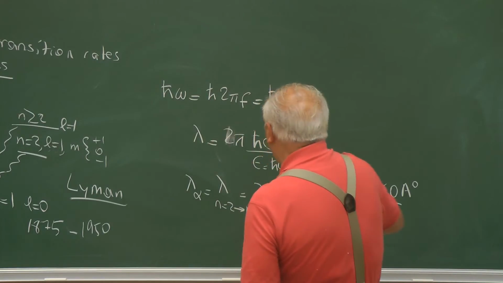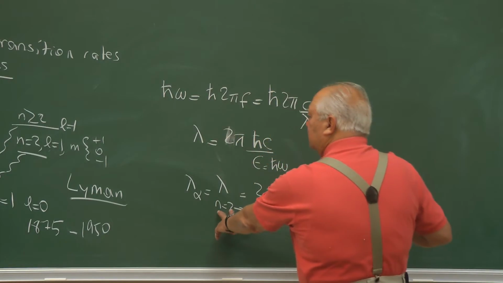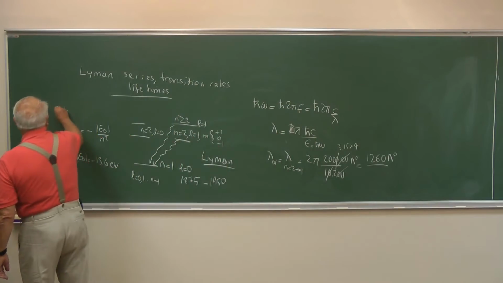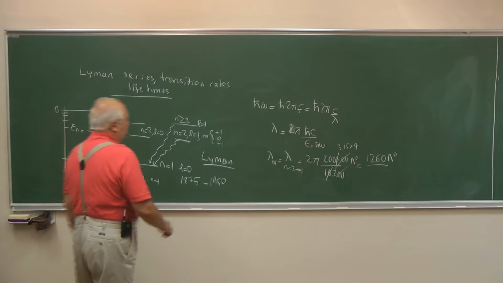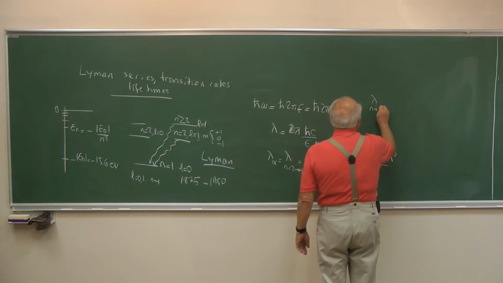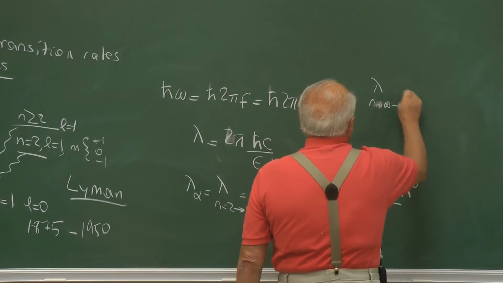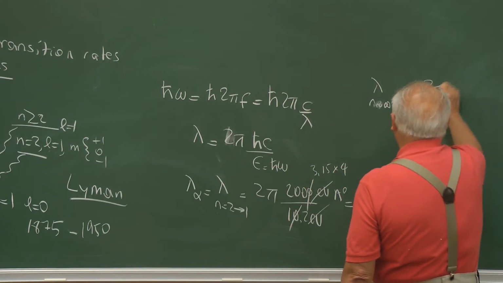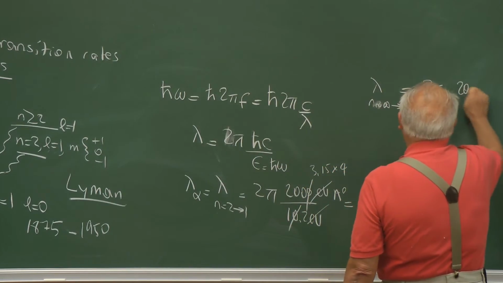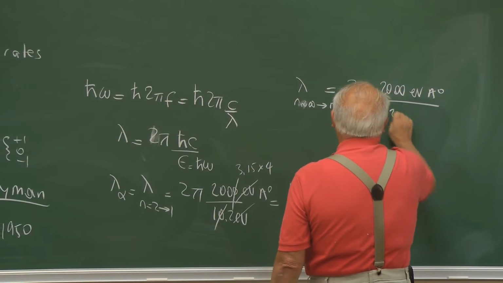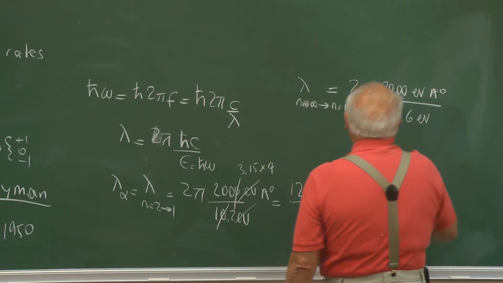The series limit is when n goes to infinity, going to n equals 1. We are looking for the series limit. This is 2 pi times 2000 electron volt angstrom divided by 13.6 electron volts.